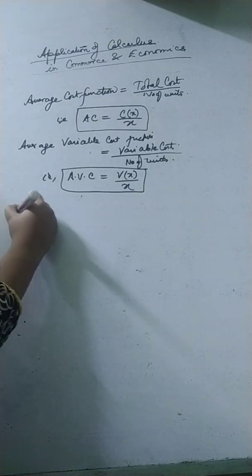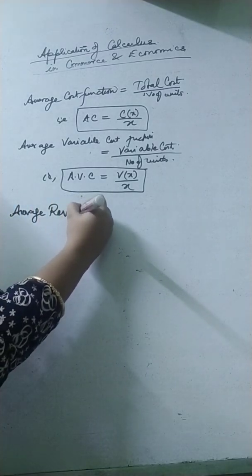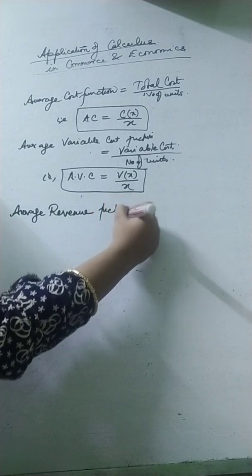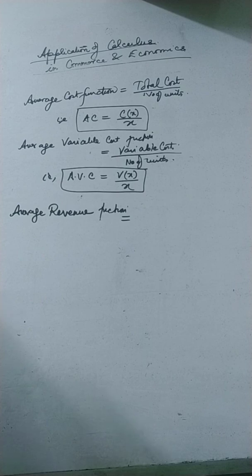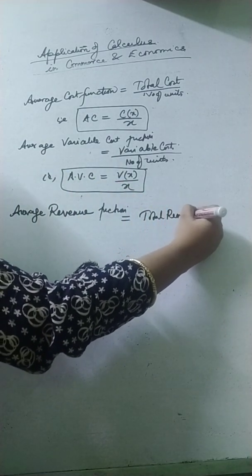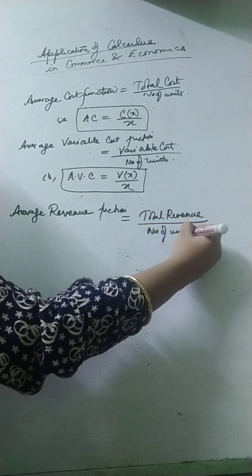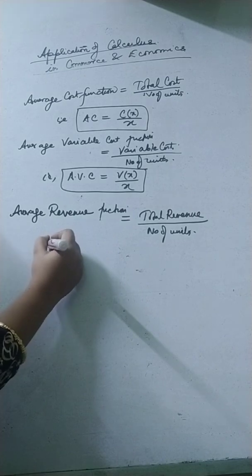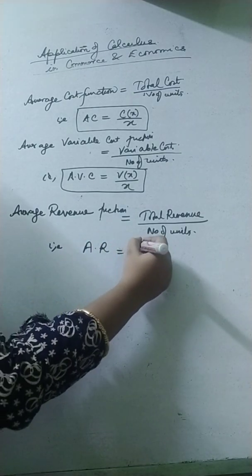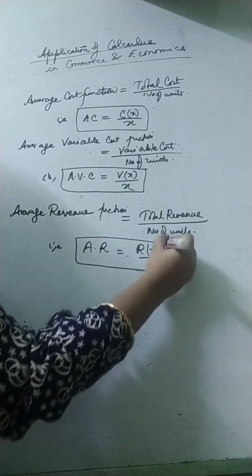And also from the revenue function, you get an idea of the average revenue that you are going to earn. Average revenue function will be the total revenue that you are earning per unit, that is, by the number of units being manufactured or sold. In other words, average revenue is equal to R(x) by x.